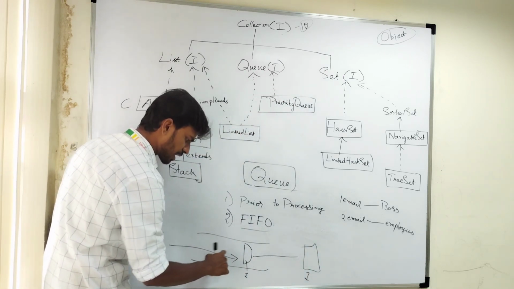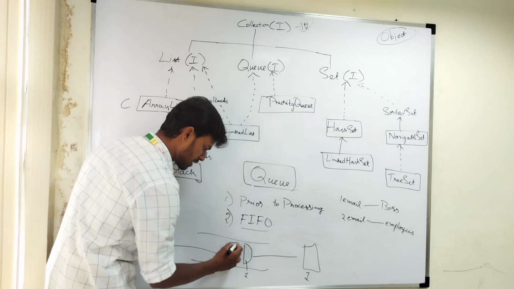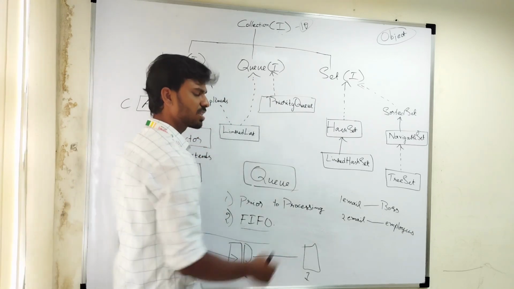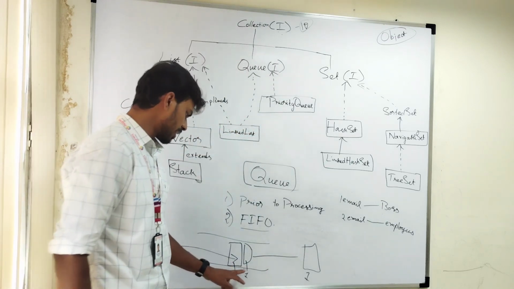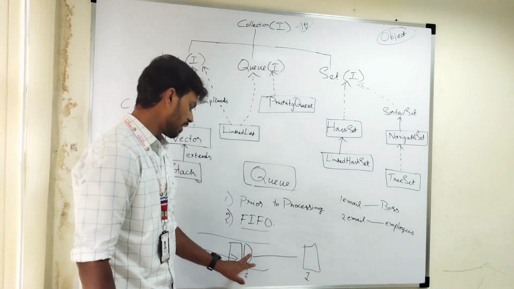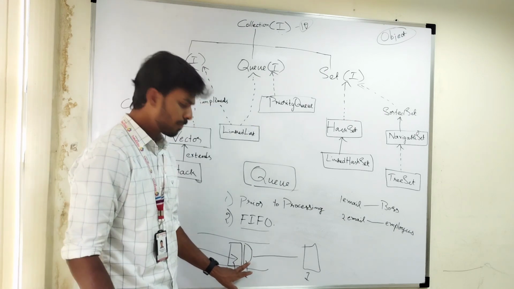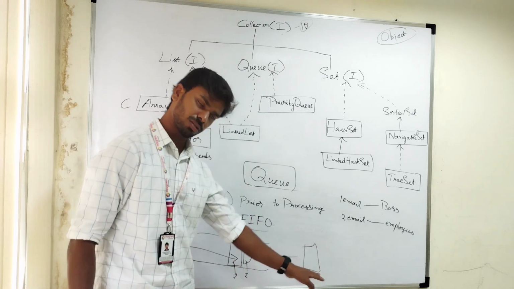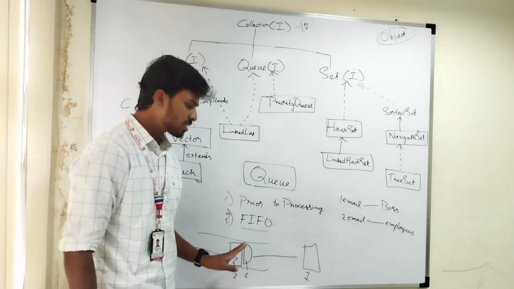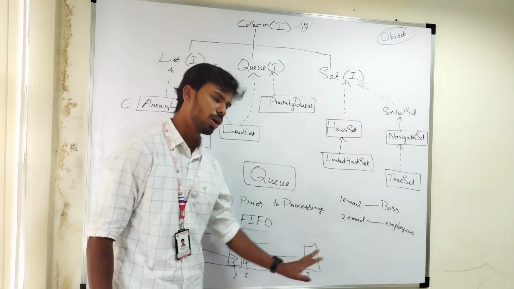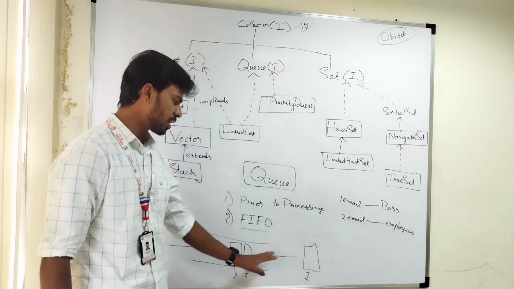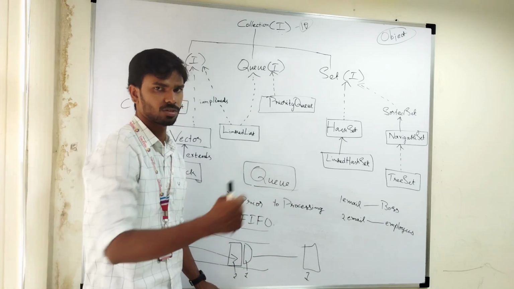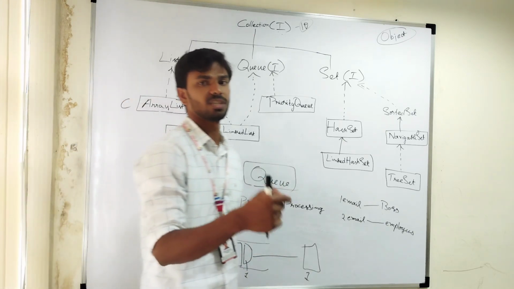If any object comes after the first object, it will get the chance only after the first object is eliminated. Whenever the first object is entered, then while retrieving also, this first object will come out. After that, the second object, then the third object. Whoever comes first will go out first. That is why it is called first in first out. We can understand it as first come, first served.